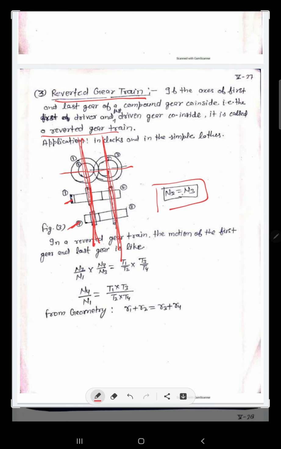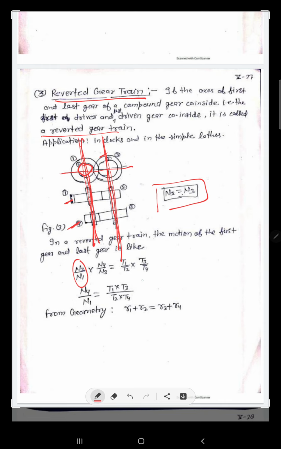For the first combination, gear number 2 is in contact with gear number 1, so we can write N2 upon N1. After that, gear number 4 and gear number 3 are in contact, so we can write N4 upon N3.